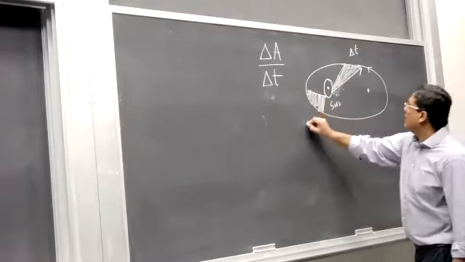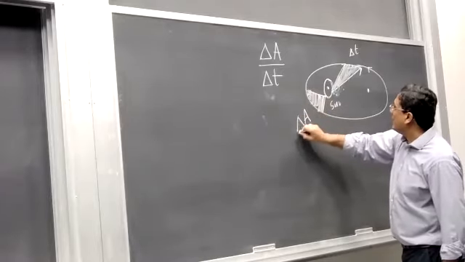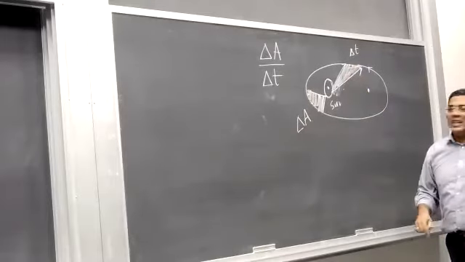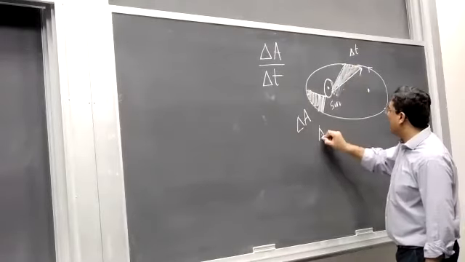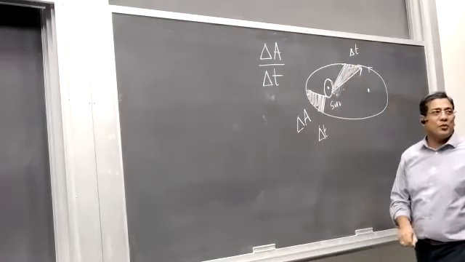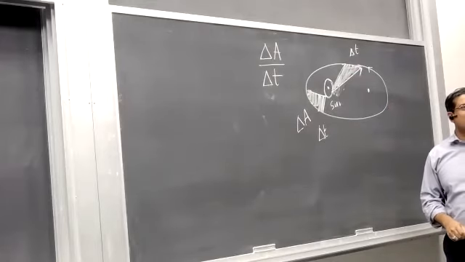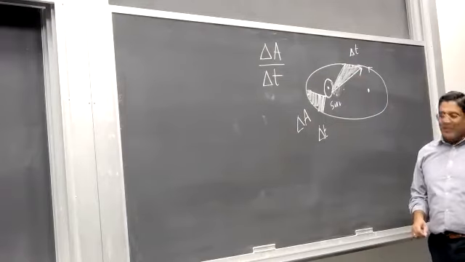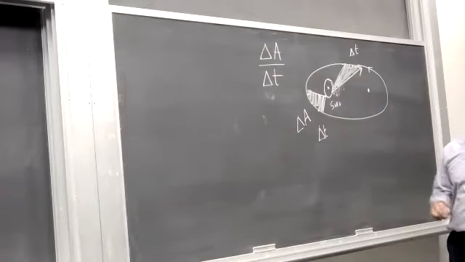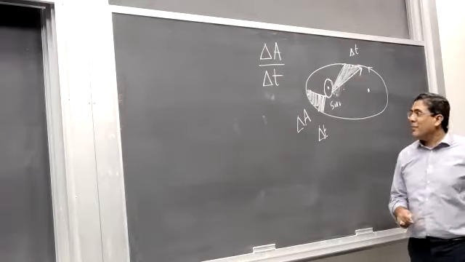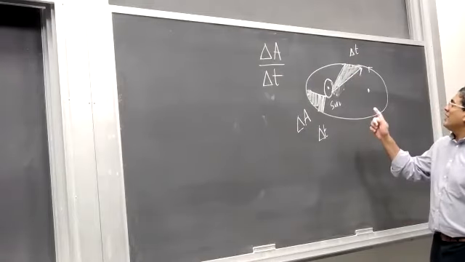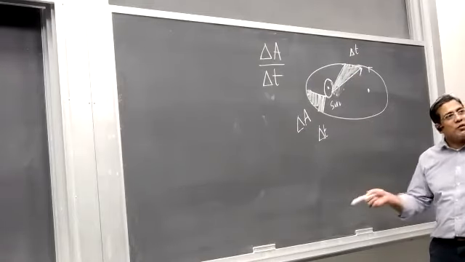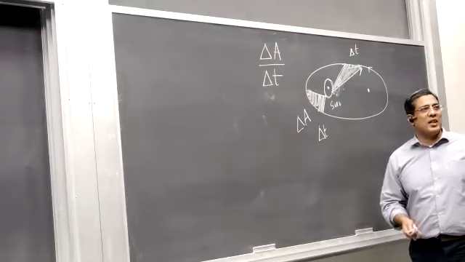So delta A here and delta A here, if the time was the same, delta T, then these delta A's would be the same. That is what Kepler's second law is, that the position vector of a planet in elliptical orbit sweeps equal area in equal intervals of time.